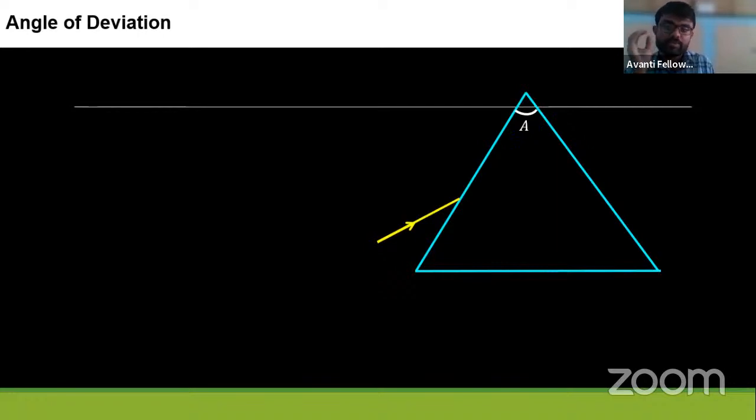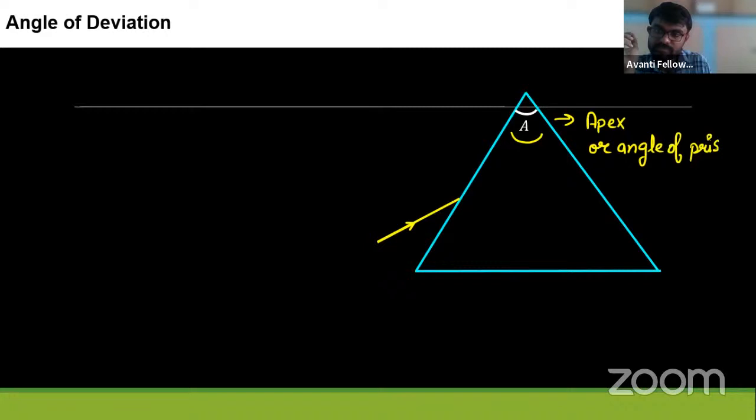Remember, ये जो ऊपर वाला angle होता है, this angle is known as apex angle, or this is known as angle of prism. This angle on the top is known as apex angle or angle of prism.